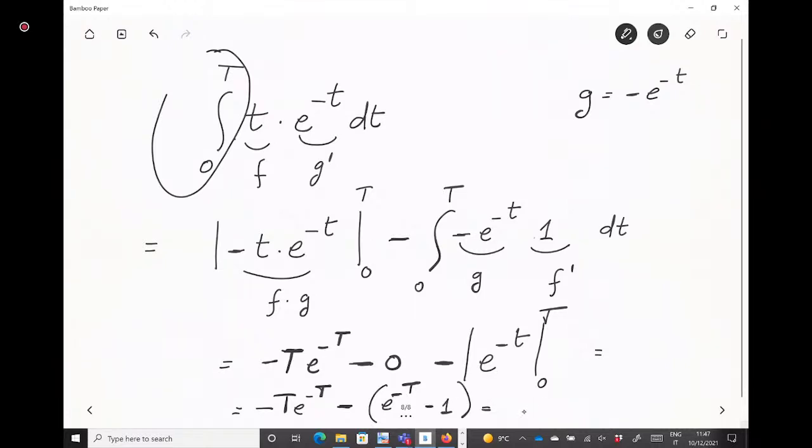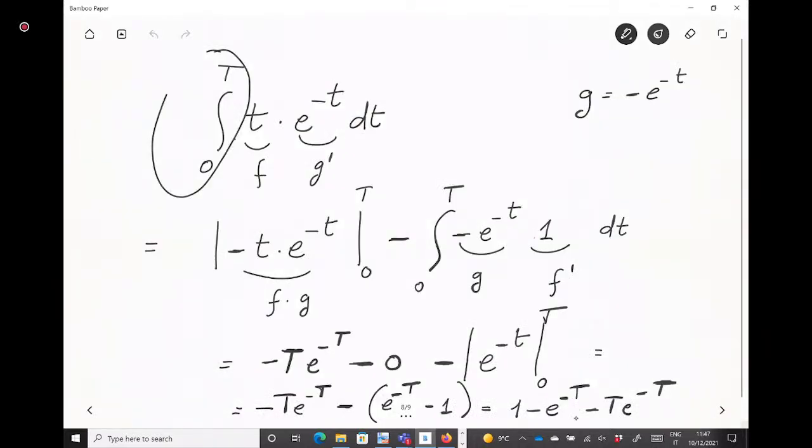So basically the final result is 1 minus exponential of minus capital T minus t exponential of minus capital T. Okay? Or, okay, there is a common factor here, equal to 1 minus exponential of minus capital T that multiplies 1 plus capital T, if I'm not wrong.